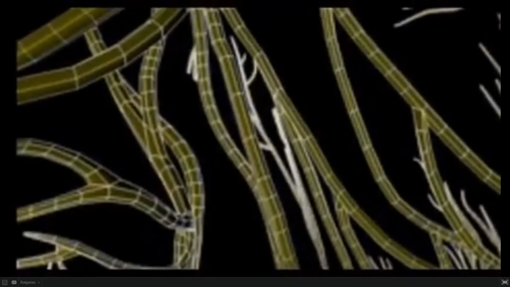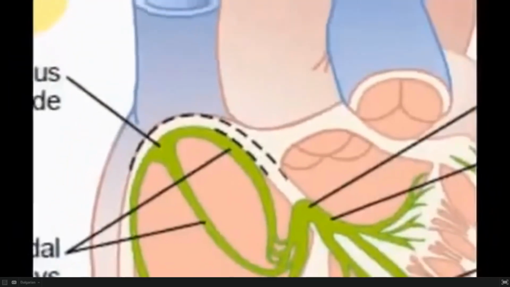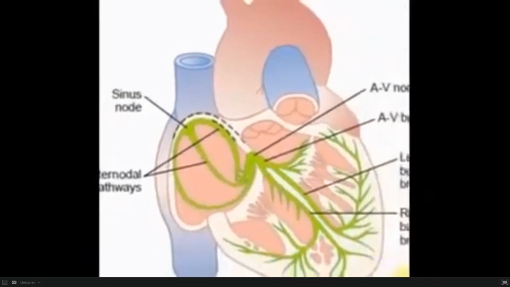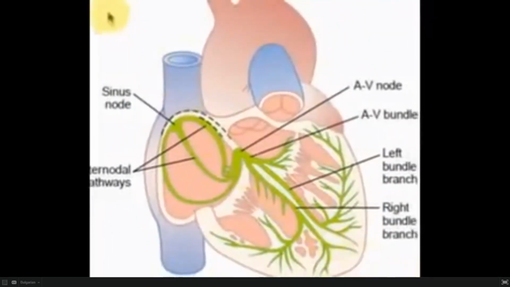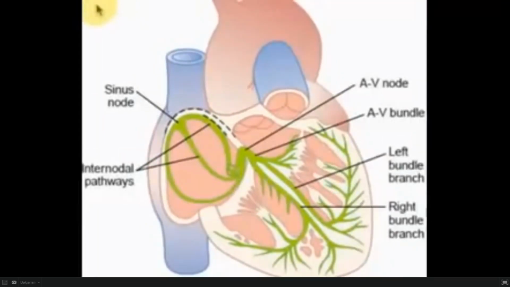Okay, then we go to picture number 12. Picture number 12 is a drawing that shows you again the autonomic nervous system inside of your heart. I posted different kinds of pictures to make it visible for you to understand how the autonomic nervous system crosses all the walls inside of the heart.